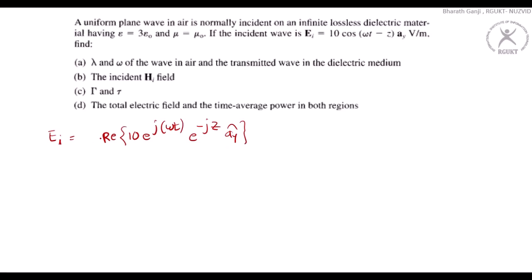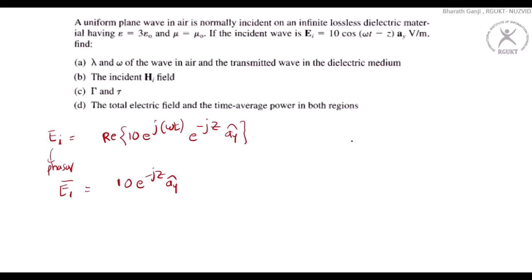For the phasor format, you neglect the real part and e power j omega t, so you'll be left with 10 e power minus jz times ay cap.